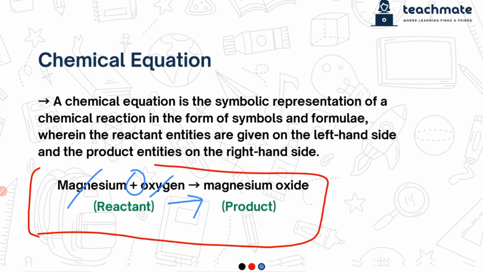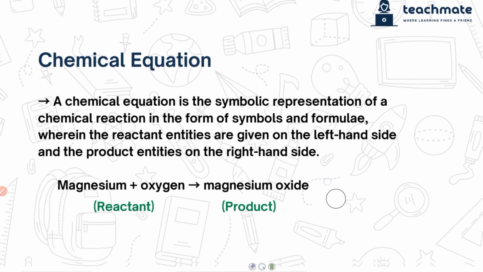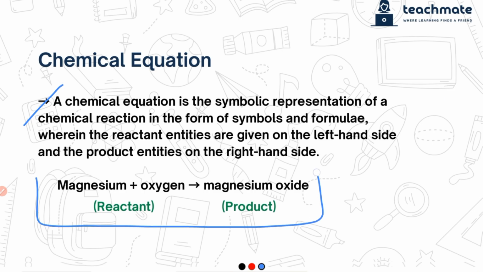This is the product. This is the way to represent our chemical reaction in a meaningful equation. Reactants are given on the left hand side, products on the right hand side. So just learn this definition and an example for representing a chemical equation.